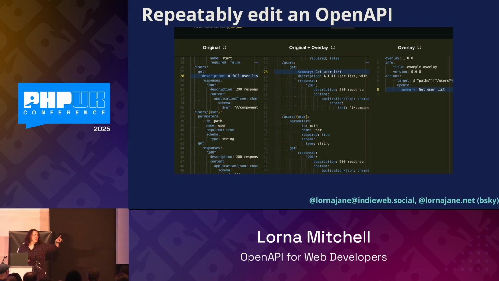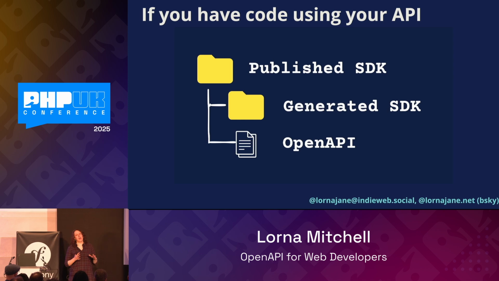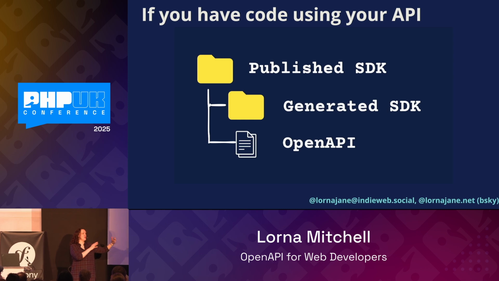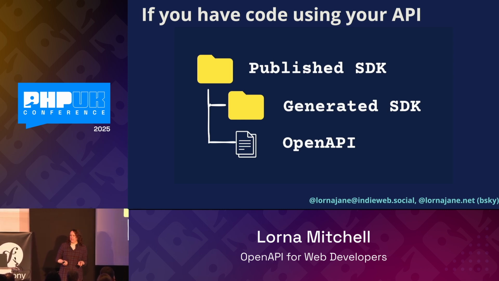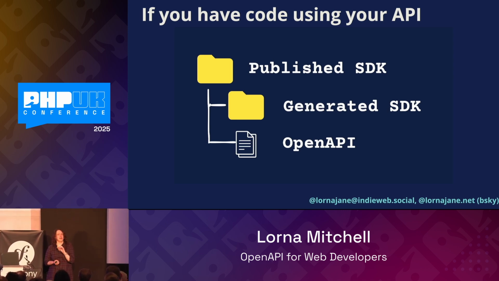We talked about humans using your API. Let's talk about code using your API. The better your OpenAPI is, the better your generated SDKs will be. One important thing I want you to think about for SDKs is there's no rule that says only the producer is allowed to generate SDKs.